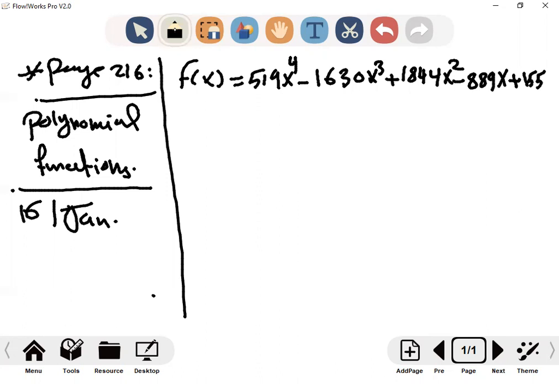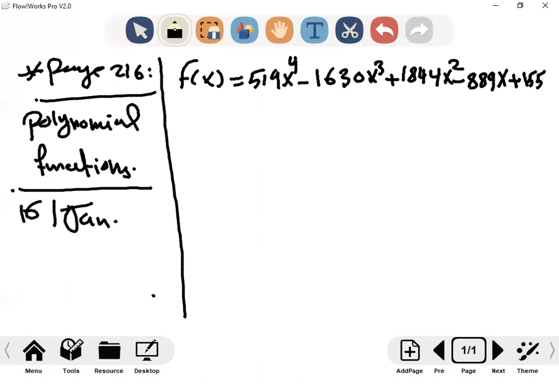How do we name this function? It's a polynomial of degree 4. We took linear, quadratic, cubic, quartic, quintic. So it is degree 4, a quartic polynomial, right?